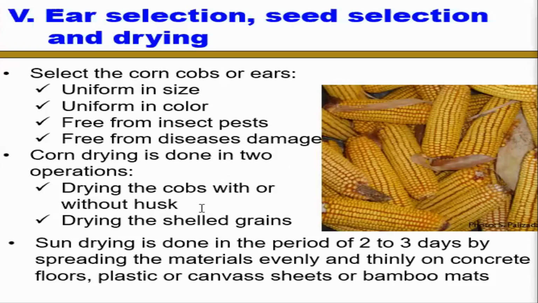Here in the Philippines, sun drying is done over a period of 2 to 3 days with continuous solar radiation of 8 hours, spreading the material evenly on a concrete floor, plastic or canvas sheet, or bamboo slab. So you just remember this one if you go for a livelihood in seed production.